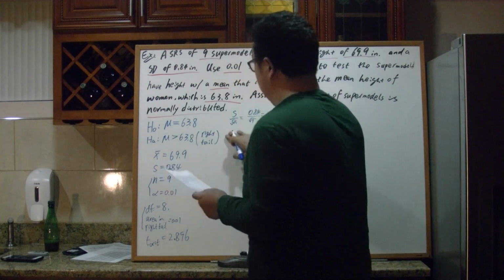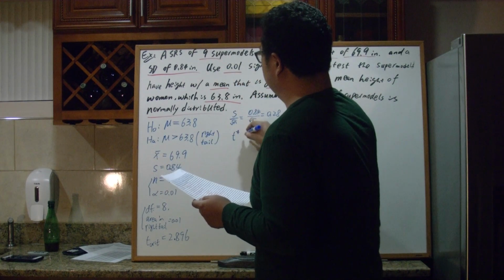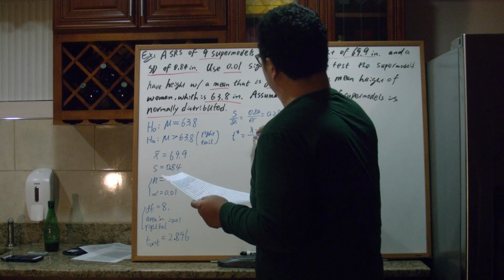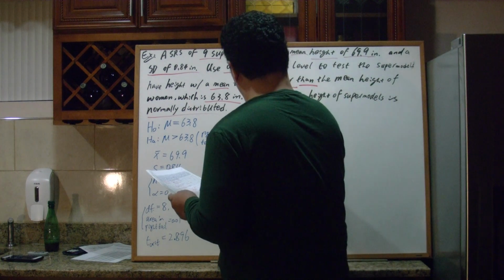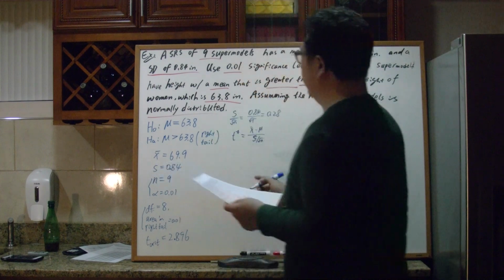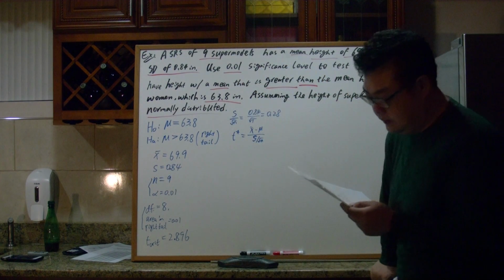And then the critical value we found already, we need to find the test statistic. X bar minus mu over s over radical n.